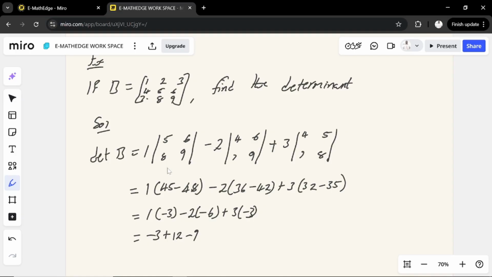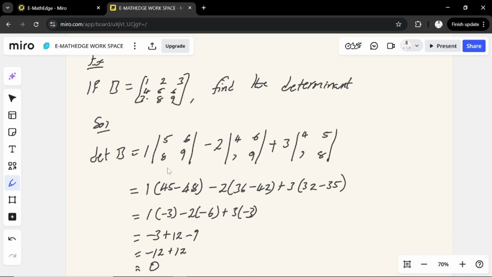So with this, we have two negative numbers here, which is minus 3 and minus 9, which if you sum up is going to give minus 12 plus 12. So we have the scalar value or the single value to be 0.